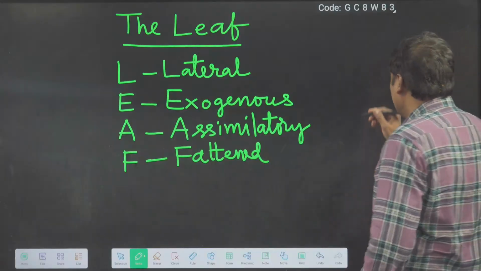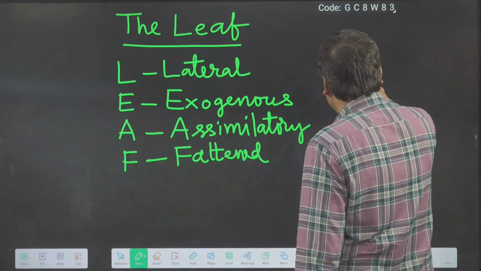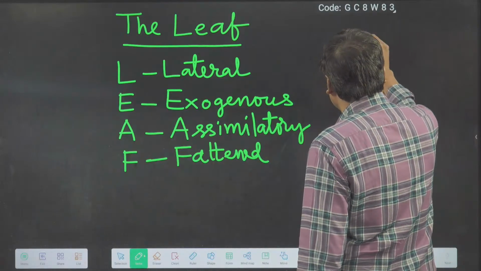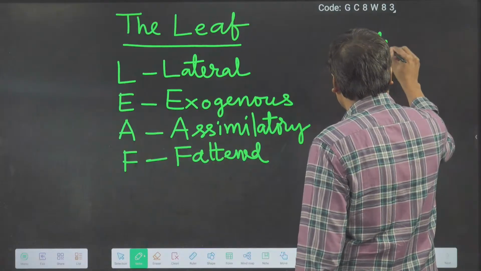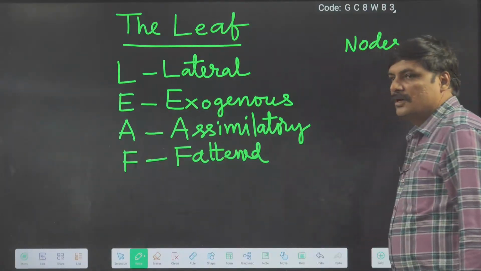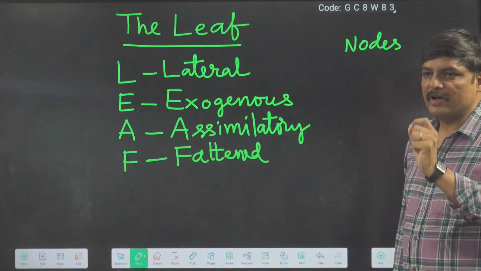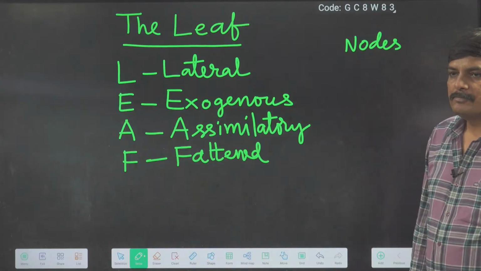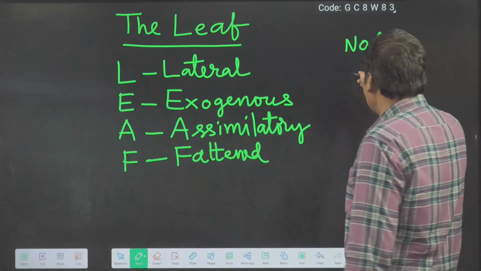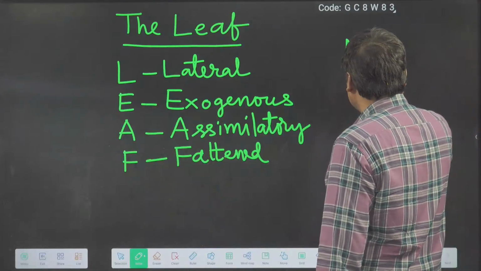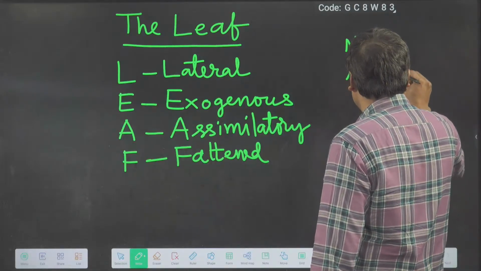These leaves are born at nodes. I told you a number of times, a node is a place where a leaf arises. The leaves are arranged in an acropetal manner.